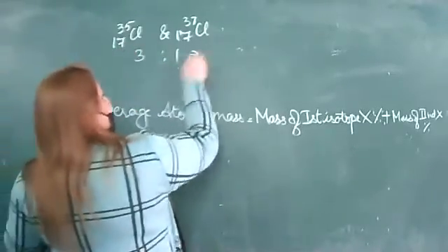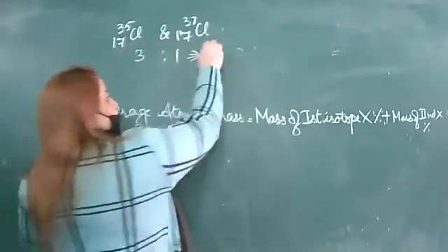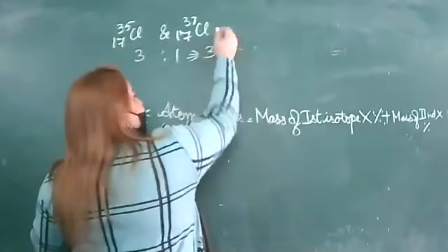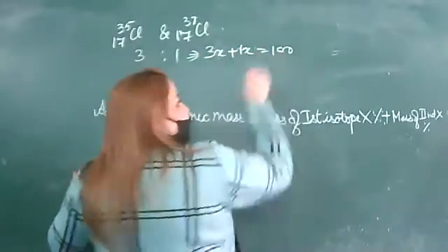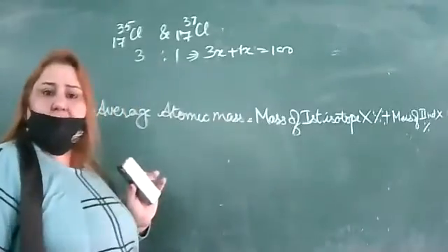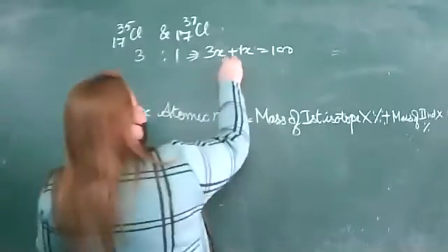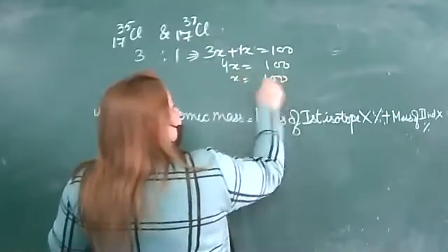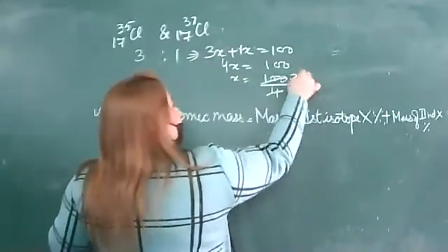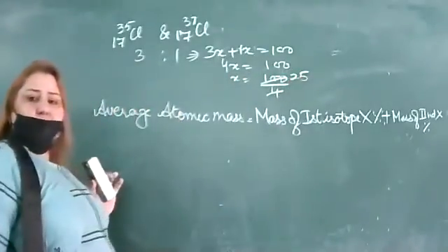So if the ratio is given, as you had done in maths, 3x plus 1x equal to 100. By this method we can calculate: 4x equal to 100, x equal to 100 over 4, that is 25.